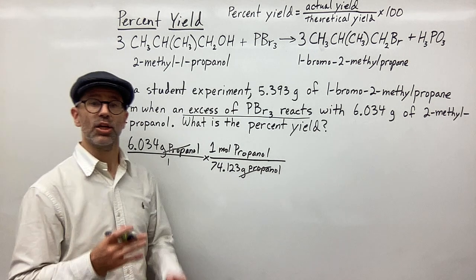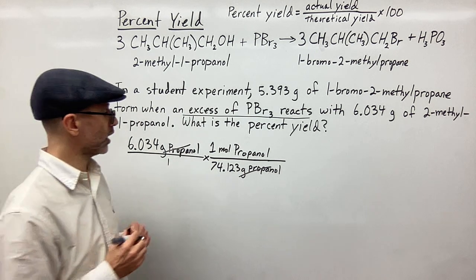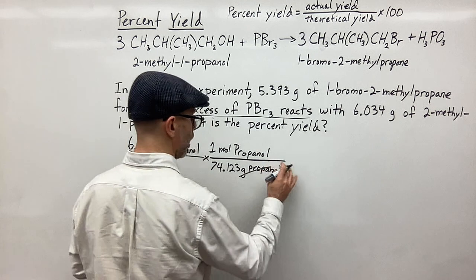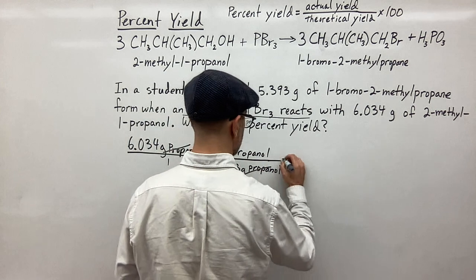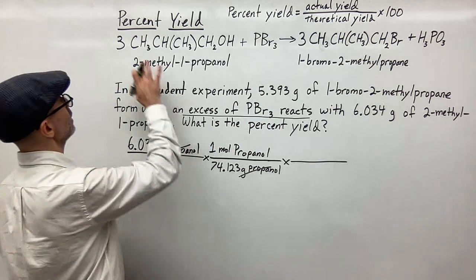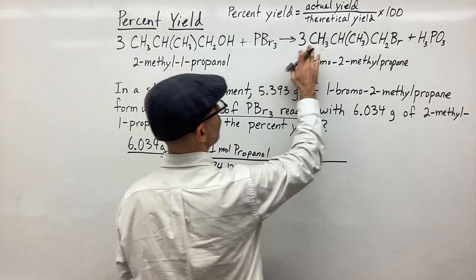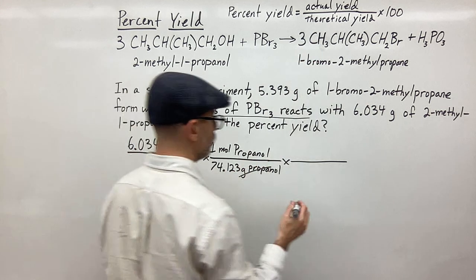Now I can use the mole ratio between the propanol and the propane to convert to the propane. So if I look at this ratio, I have 3 of the propanol and 3 of the propane. So it's 3 to 3.